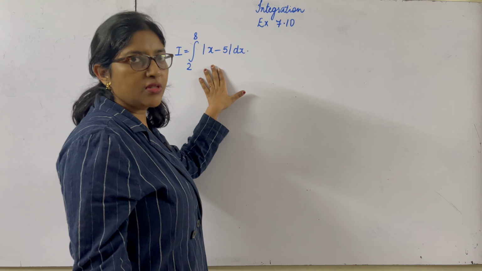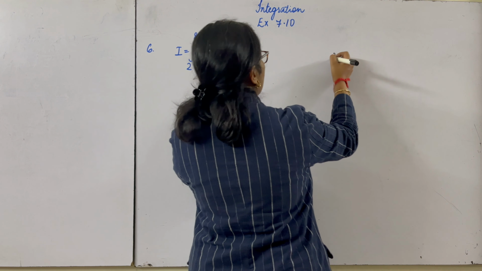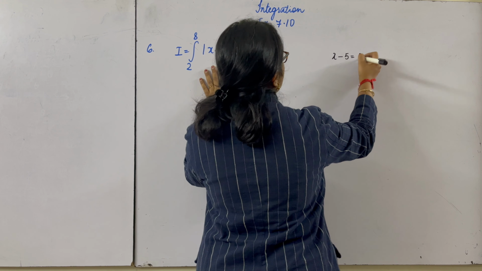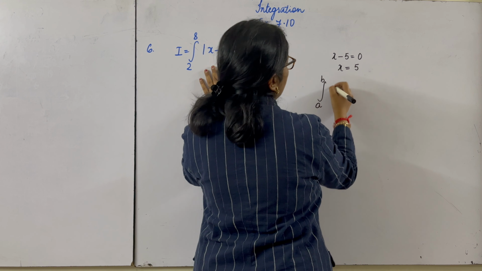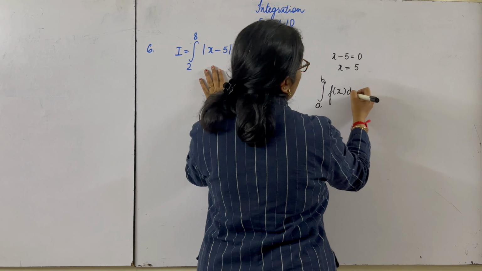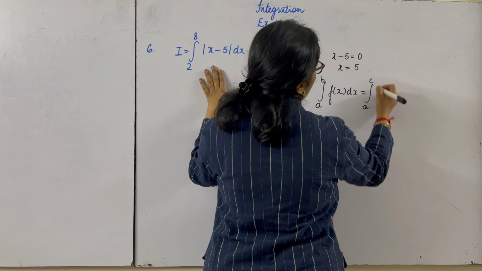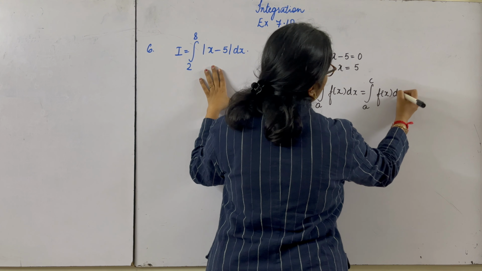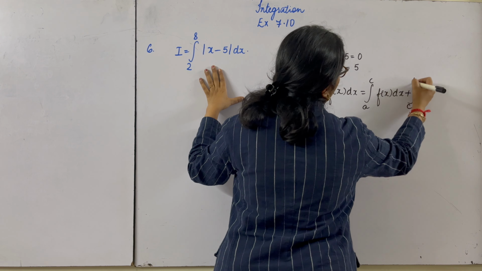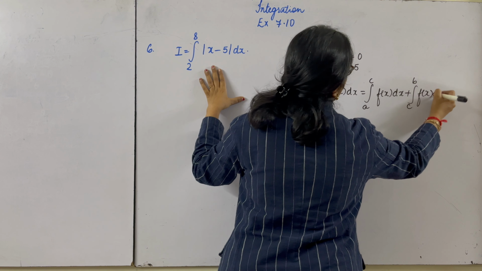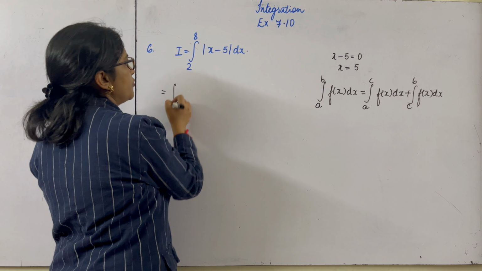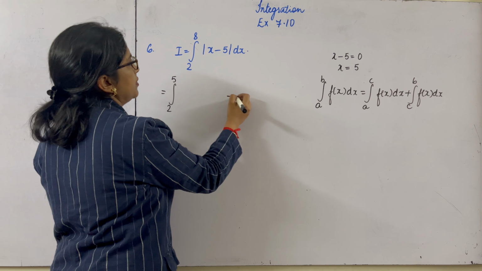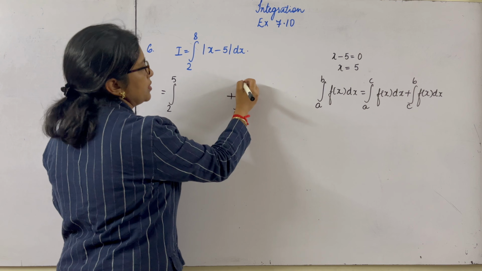Here we have another modulus function, so we'll find out the critical point, which is 5 over here, and apply the same property, that is a to c, where obviously c should lie between a and b. So applying this property, let's split this from 2 to 5 and 5 to 8.